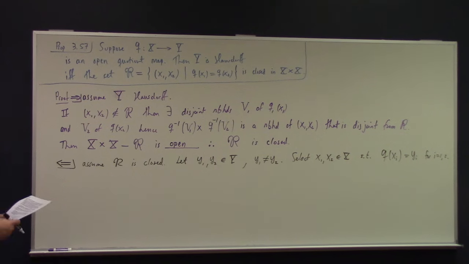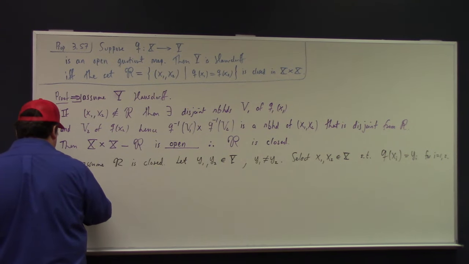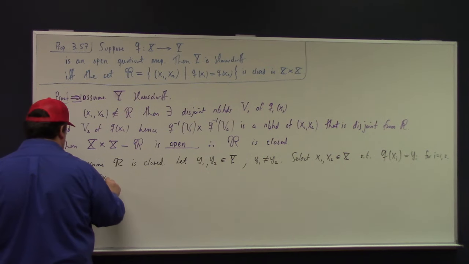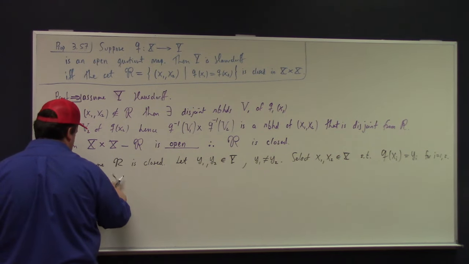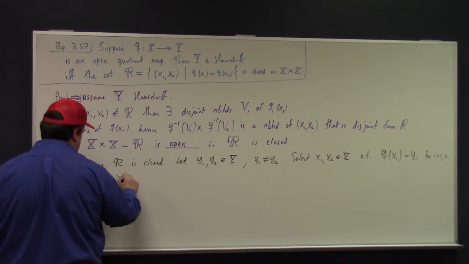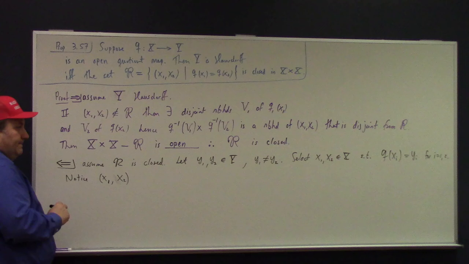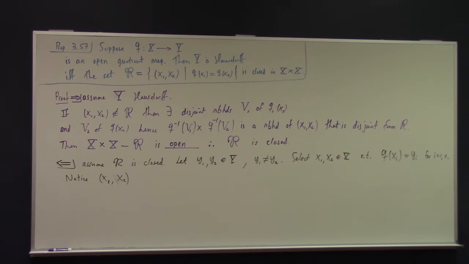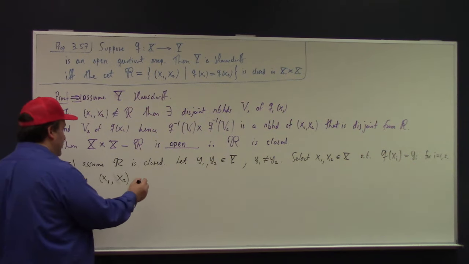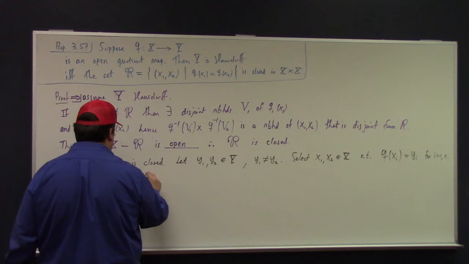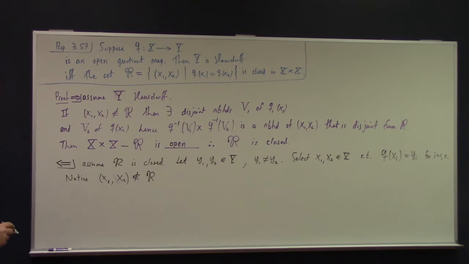Note that for the pair (x1, x2), is it in R or not? Is Q(x1) equal to Q(x2)? That's the condition to be in R. But Q(x1) is not equal to Q(x2) by construction, so this is not an element of R. Therefore, it's in the complement, which means what?